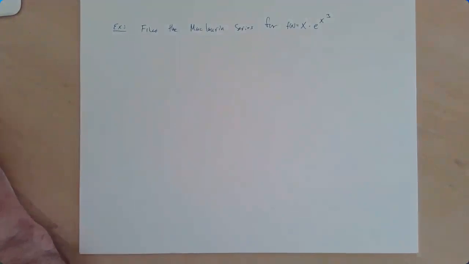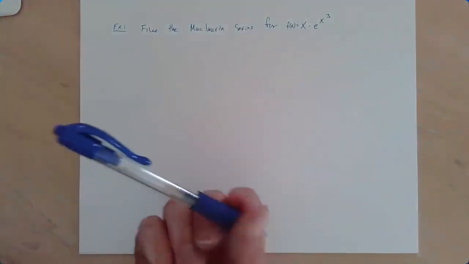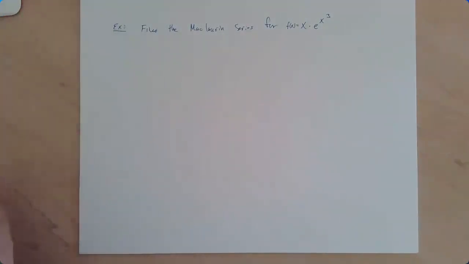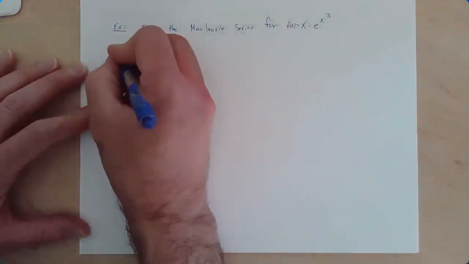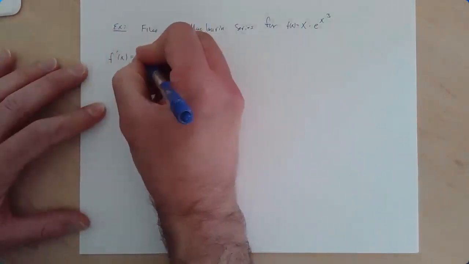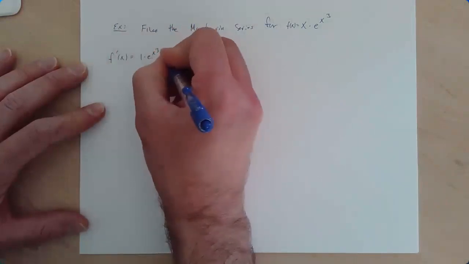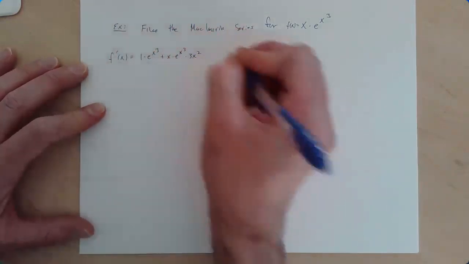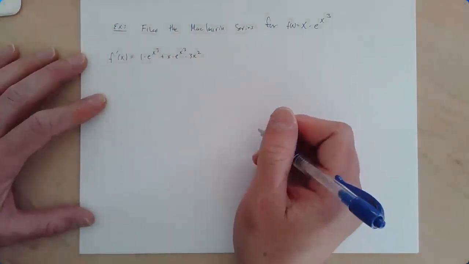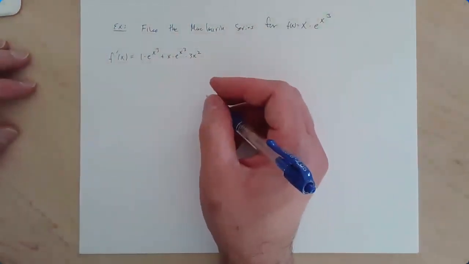Doing it what I call the long way, where you find a bunch of derivatives and try to find a pattern for it and then plug in your center, is really, really hard. I mean, think about it. If we start taking derivatives, the first derivative is going to be 1 times e to the x cubed plus x times e to the x cubed times 3x squared. And it's not going to get nicer, right? The second derivative is going to be worse. The third derivative is going to be worse.